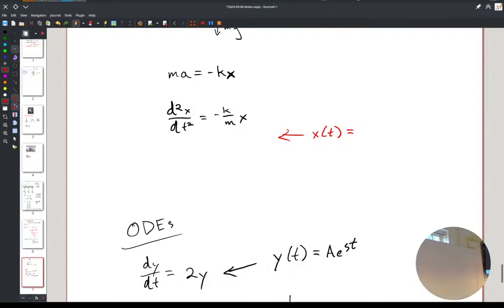Not sure. Something different. What does that x of t look like? No idea? Well, it's just a random guess. e to the st? Yeah, we can do that.